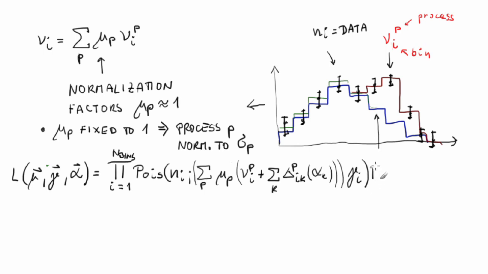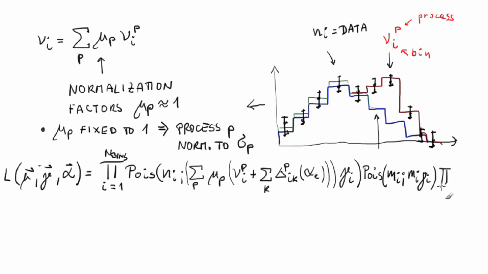The next term is Poisson of m_i with expected value m_i γ_i. And finally, product over k, normal distribution of α_k with μ equal to 0 and σ equal to 1.